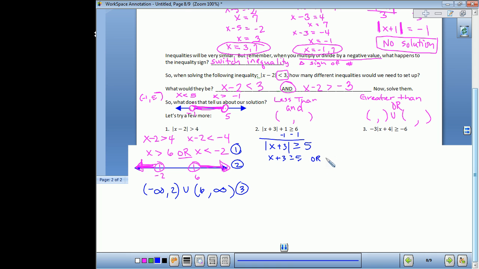And we know it's going to be an OR. So here we get x is greater than or equal to 2. Okay, so that's 2 answers. Less than or equal to -8 would give us this. Greater than or equal to 2 gives us this.